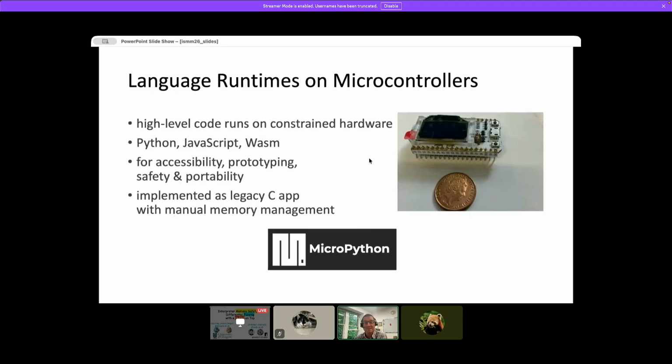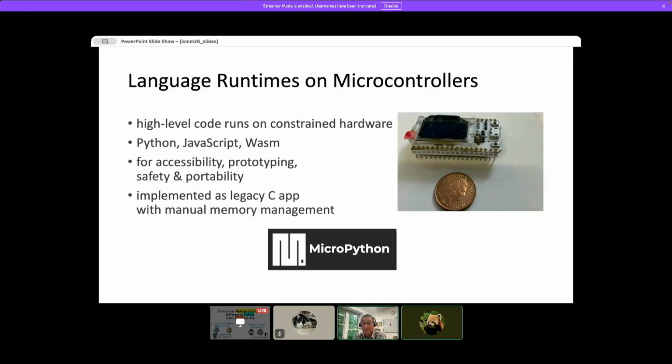They're really, really cheap. And they're very constrained hardware, with kilobytes of RAM and perhaps kilohertz processors. But even on such constrained embedded devices, people want to run high-level languages like Python and JavaScript and WebAssembly. This might be for accessibility, you know. Kids these days can only program in Python.